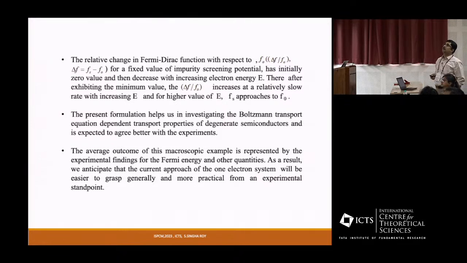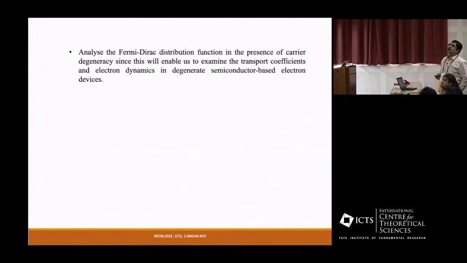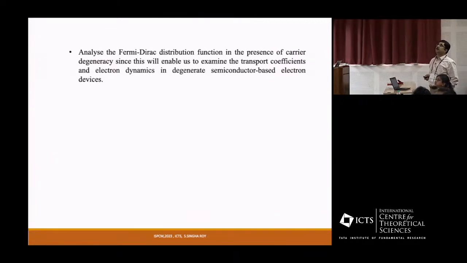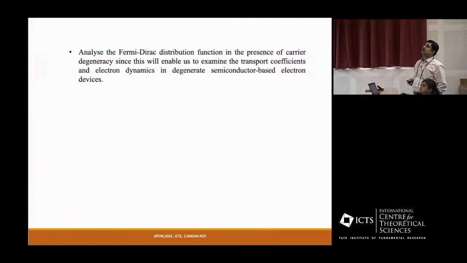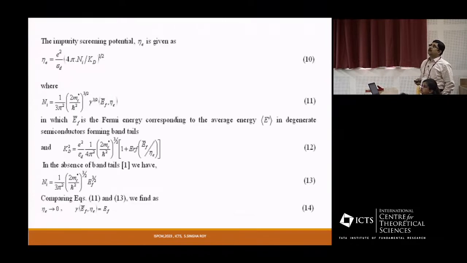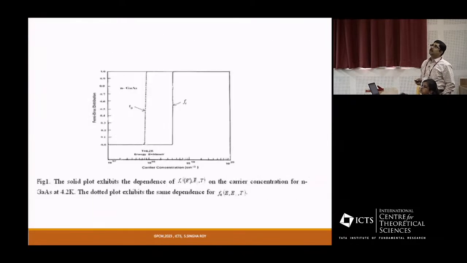They are near F0 in the literature, the same as in experimental values. We also analyze the Fermi distribution functions in the case of carrier degeneracy with transport coefficients, and the electron dynamics of degenerate semiconductors based on electronic devices. So we discuss this part.